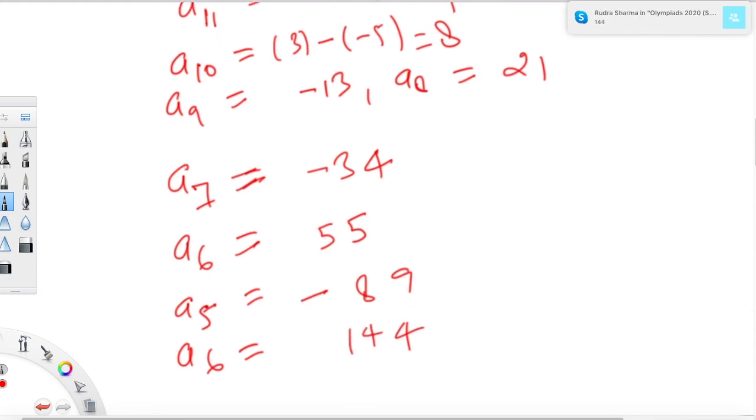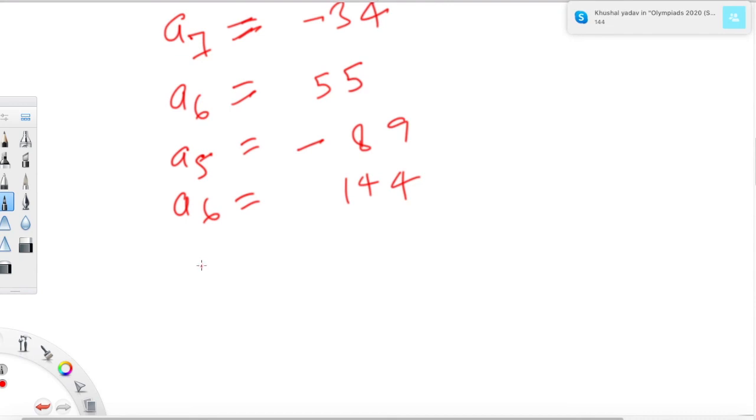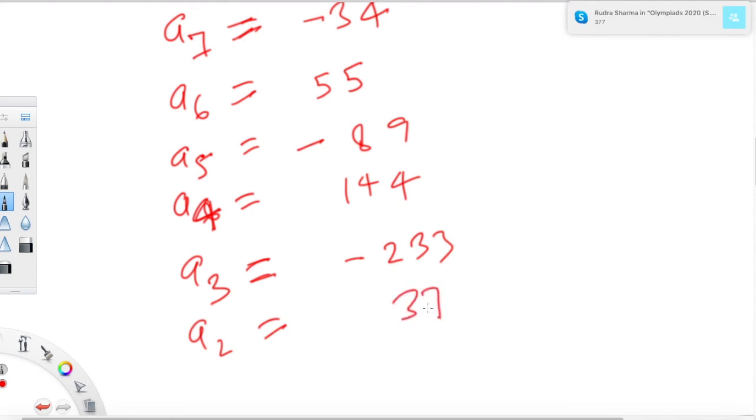Oh my God, sorry, in the enjoyment I am forgetting the real thing. Now a3 is minus 233, and a2, we are very close. a2 is 377, and a1 is minus 610, and finally we reach a0, 987.